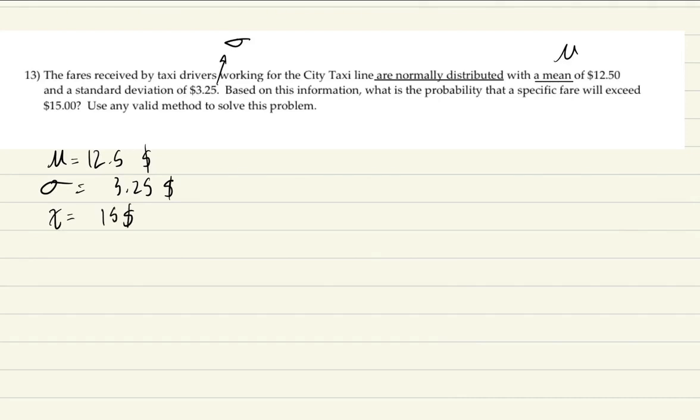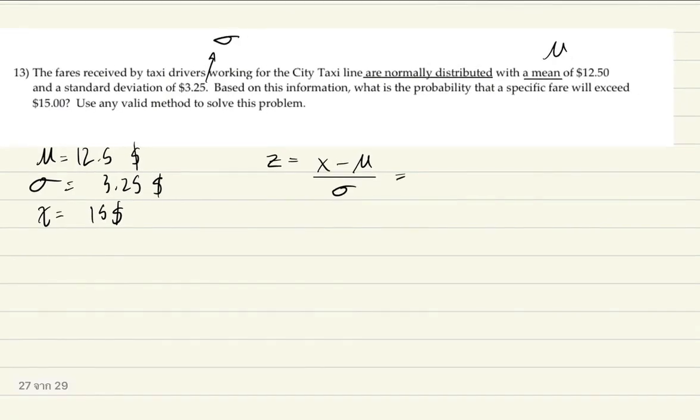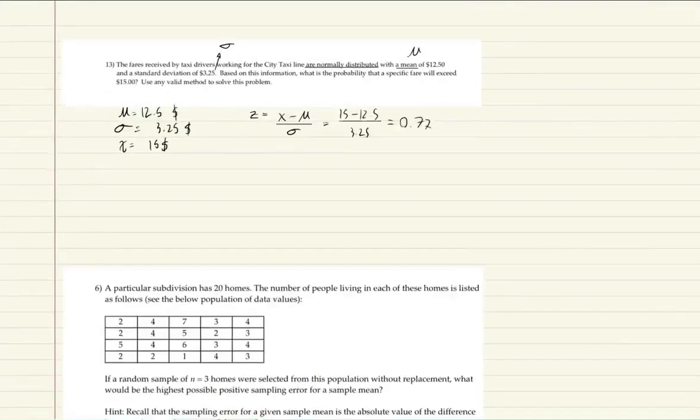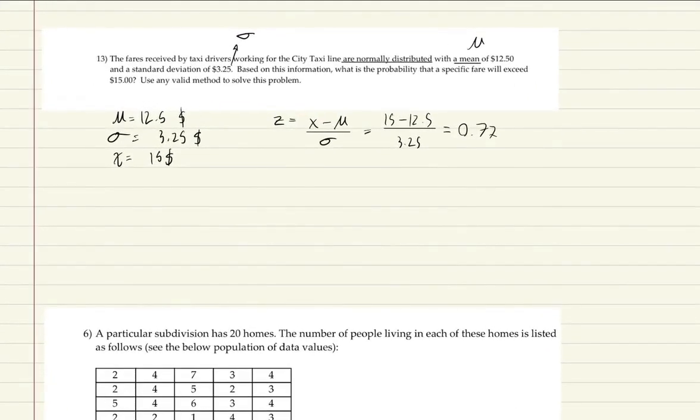The z-score is equal to x minus the mean divided by the standard deviation. So it's 15 minus 12.5 divided by 3.25, which equals 0.77, and then we check the table.